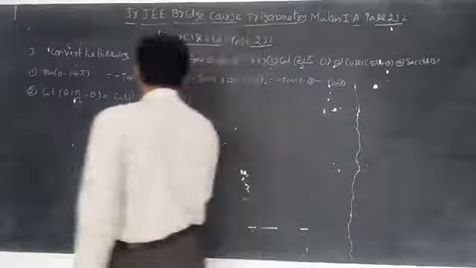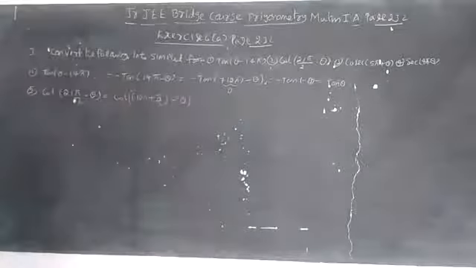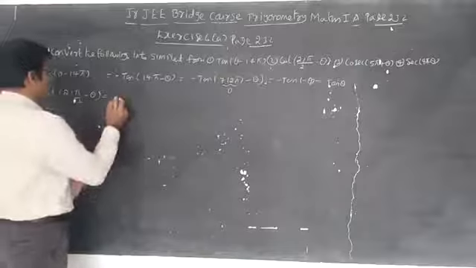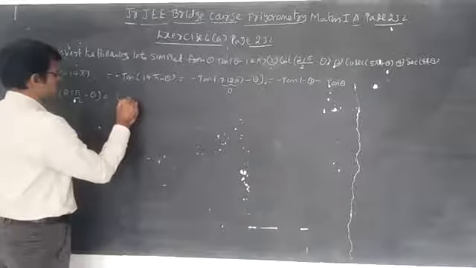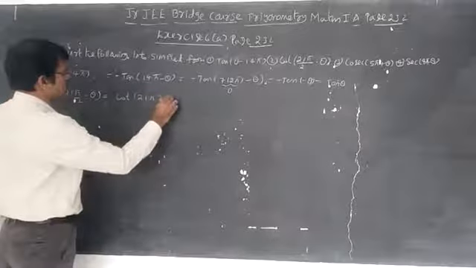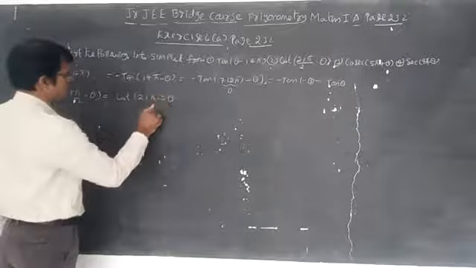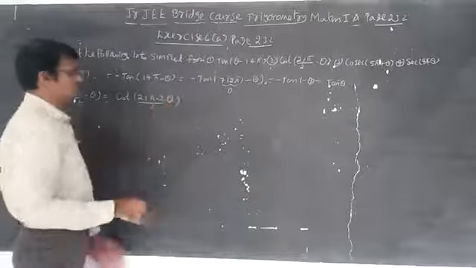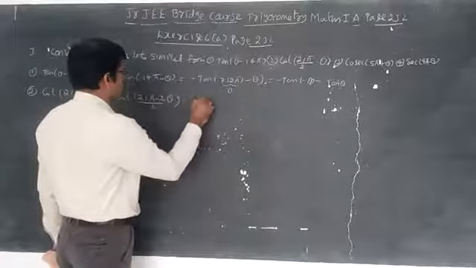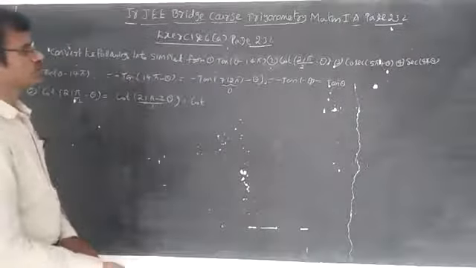Better to take LCM. Next step, 10 pi plus, like this we can write 21 pi by 2. Let us consider by taking LCM, students, 21 pi minus 2 theta whole by 2. So cot of 21 pi by 2.